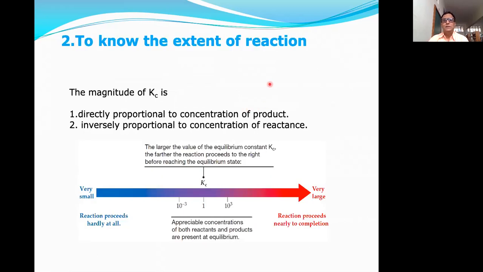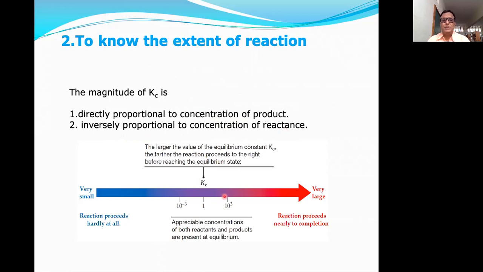Now we'll discuss the second application of equilibrium constant, that is to know the extent of reaction. The magnitude of Kc is, number one, directly proportional to concentration of products, and number two, inversely proportional to concentration of reactants.